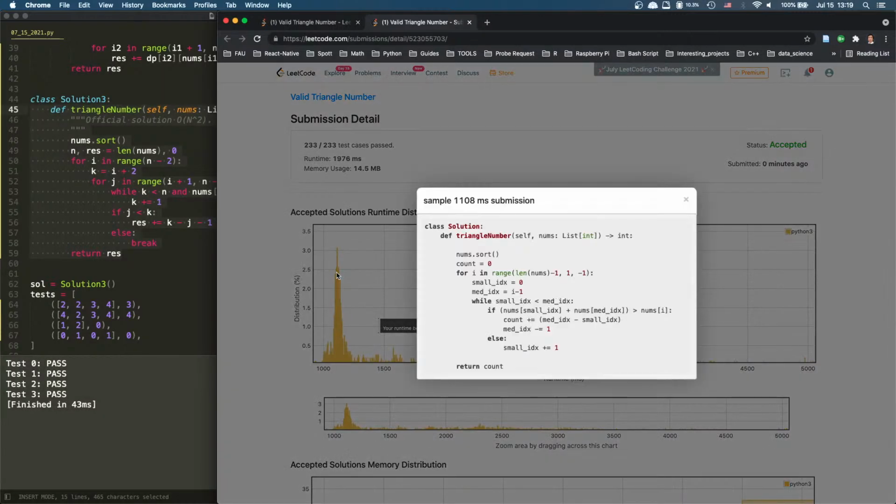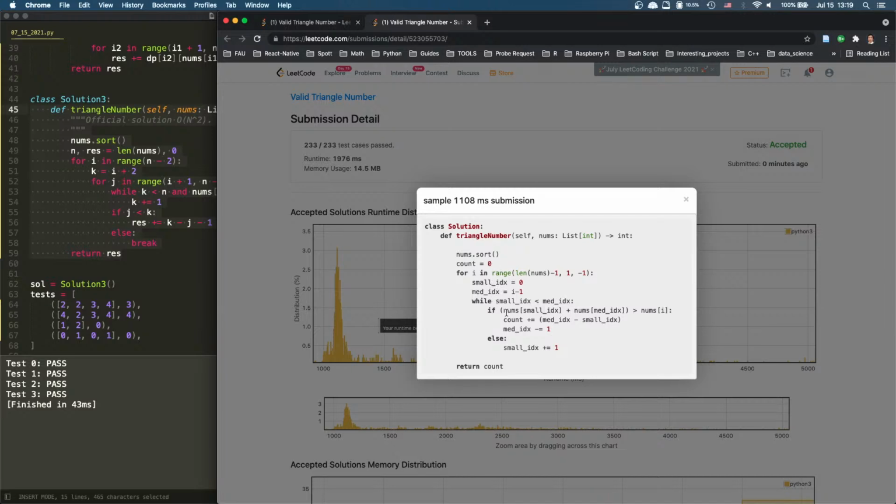What are these solutions then? Ah, this is the other one. Ah, this is the one that guy provides. We have a value on the right side, right? And then a small index and medium index.